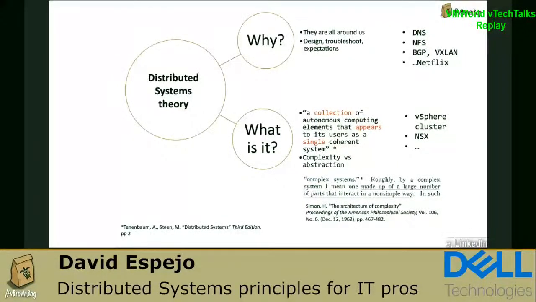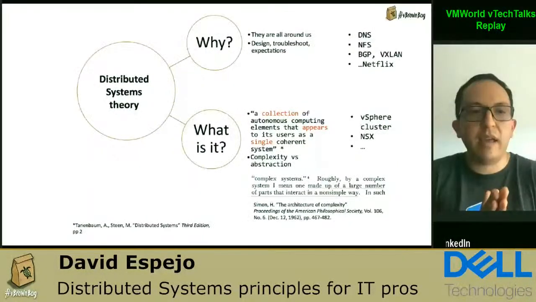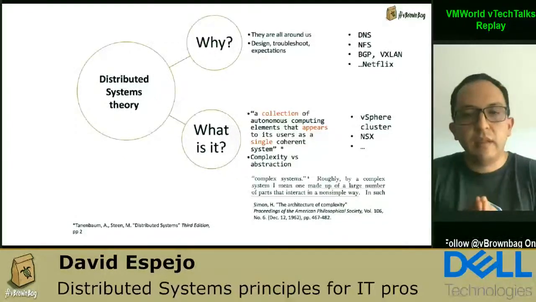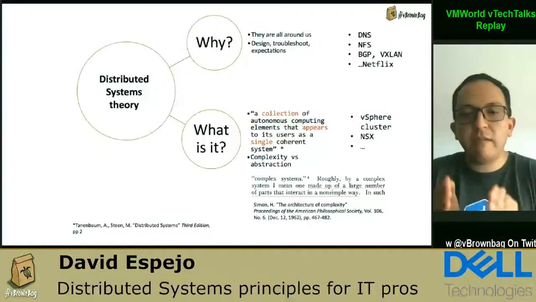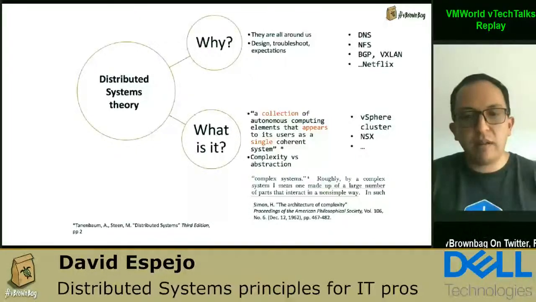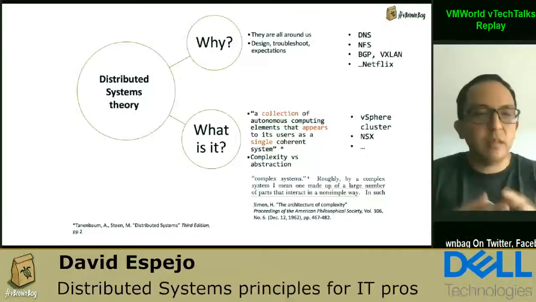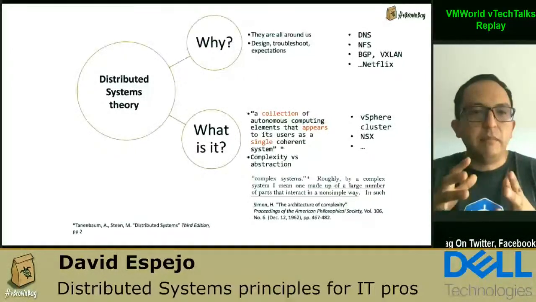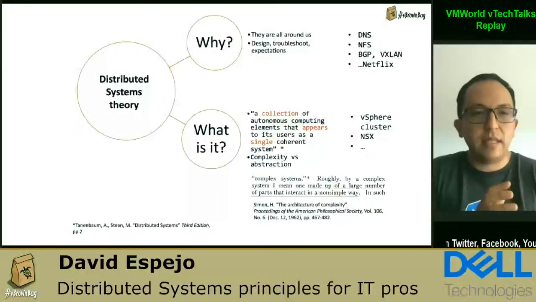There was another professor called Herbert Simon. He provided a formal definition for a complex system: one made up of a large number of parts that interact in a non-simple way. So it's very similar to a distributed system. We can say that a distributed system is always complex, right?